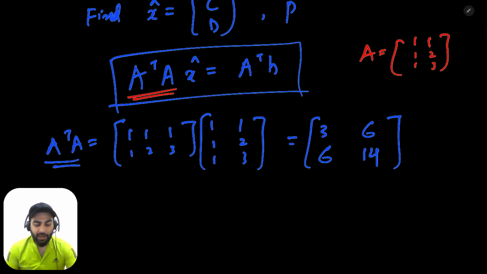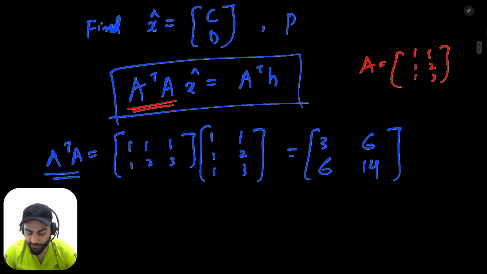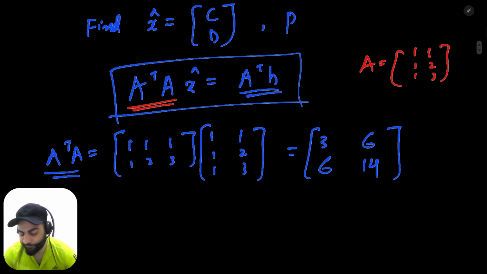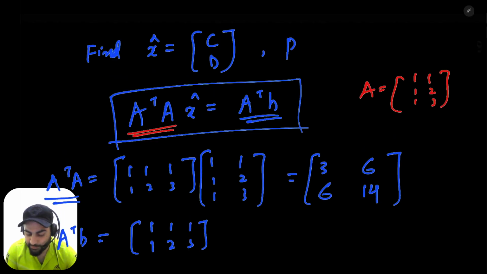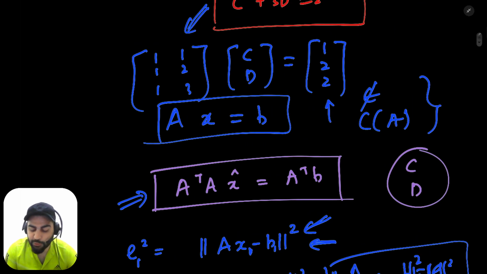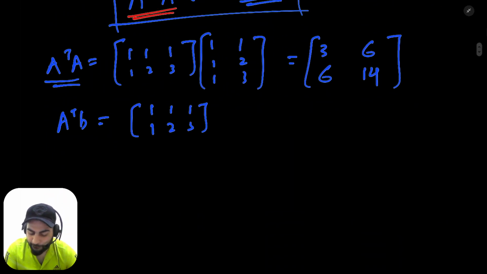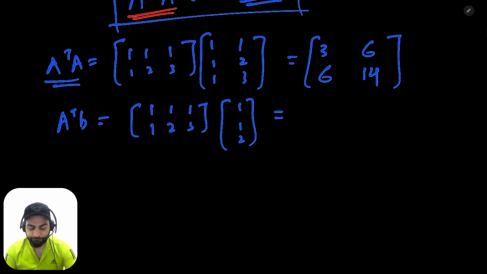Now I will compute A transpose B. That is 1 1 1, 1 2 3, and what is our B? Our B was, if you see it here, 1 1 2. So the first entry will be 1 plus 1 plus 2, that is 4.